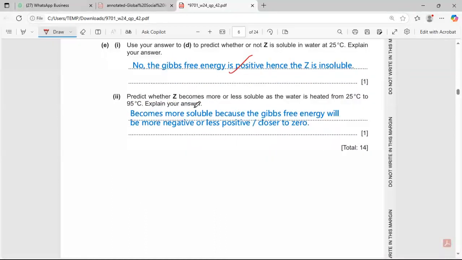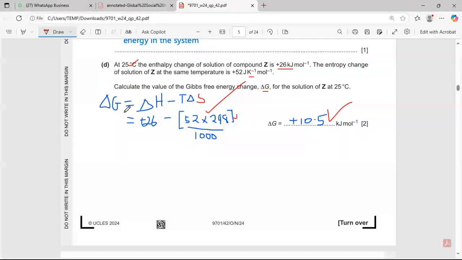Now, the next one: predict whether Z becomes more or less soluble as water is heated from 25 degrees Celsius to 95 degrees Celsius. Let's come to our equation. You realize that the Gibbs free energy depends on temperature. Remember, the variable that is changing here is temperature.